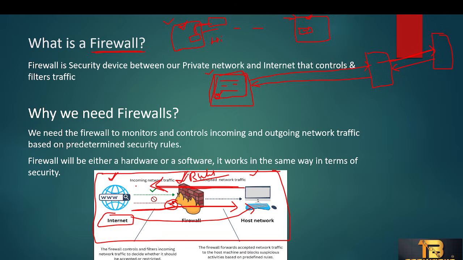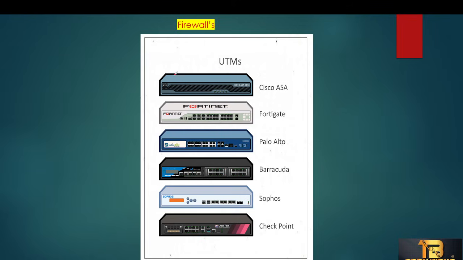After that, you can see there are multiple vendors who provide firewalls and security, where the Cisco ASA is one firewall, and there are FortiGate, Palo Alto, Barracuda, Sophos, Checkpoint, and Juniper SRX.